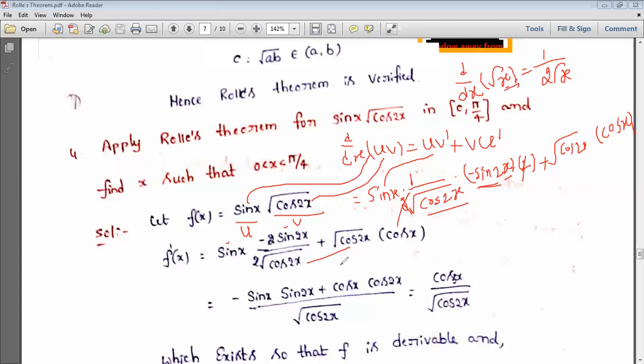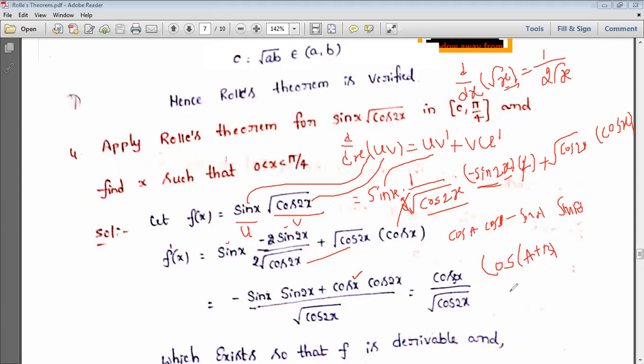If we observe this, is it in the form of cos A cos B minus sin A sin B? So what is the formula for this one? Cos A cos B minus sin A sin B is nothing but cos of A plus B. Here A is nothing but x and B is nothing but 2x.